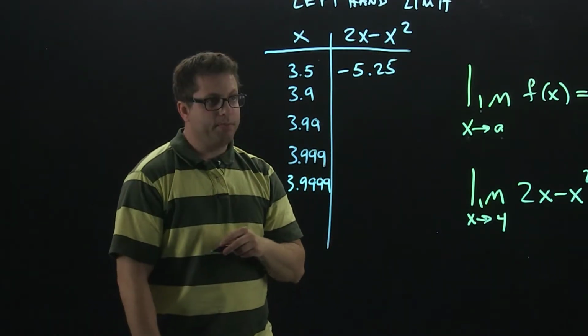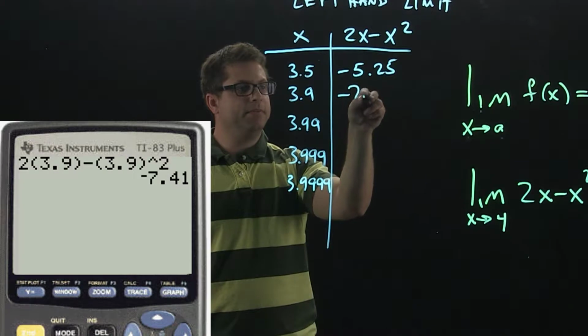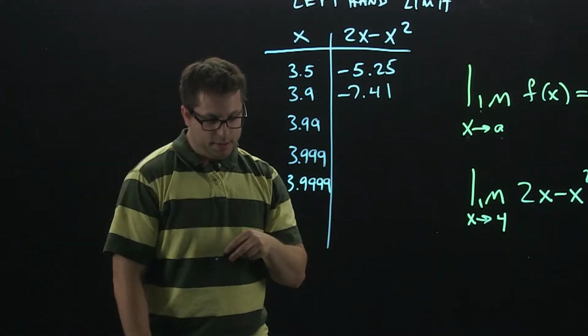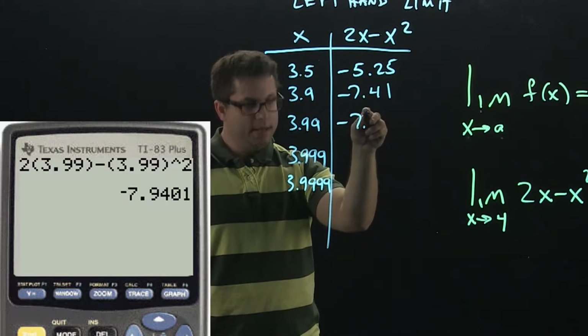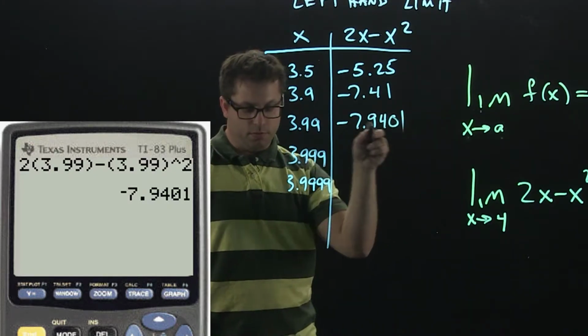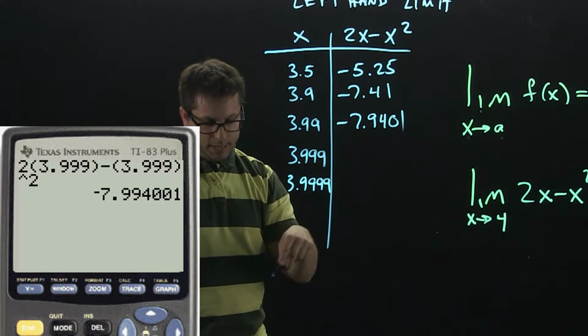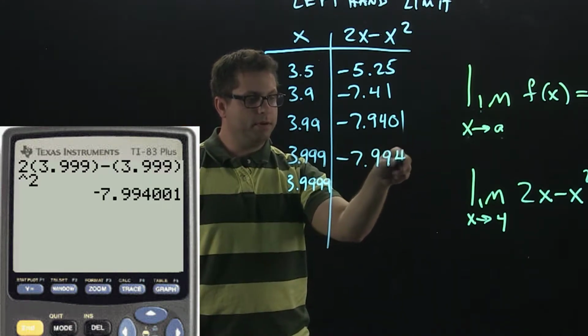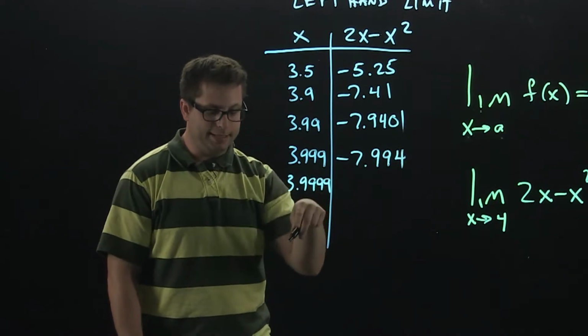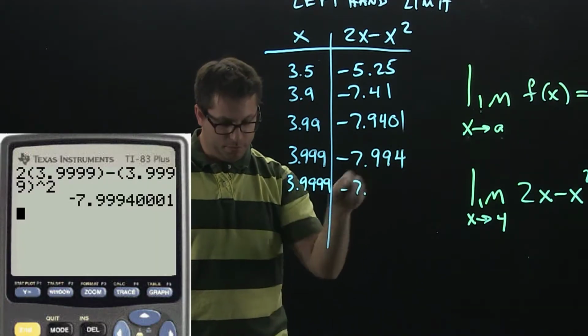And then I plug in 3.9, and I get negative 7.41. 3.99 gives me negative 7.9401. 3.999 gives me negative 7.994. Finally, 3.9999 will give me negative 7.9994.